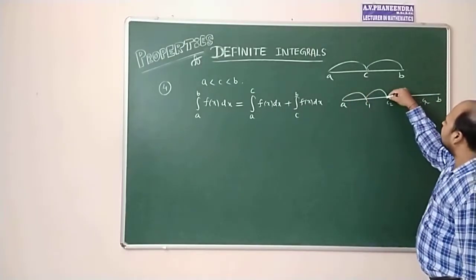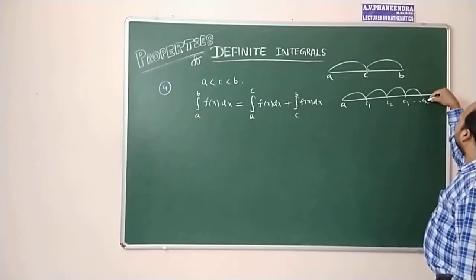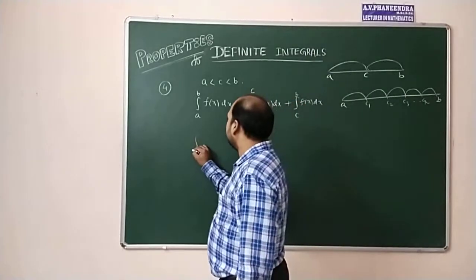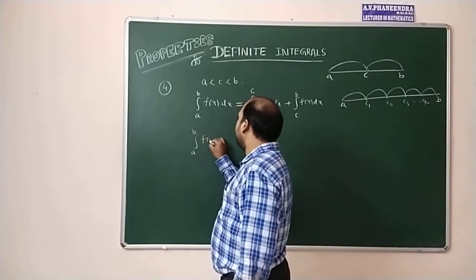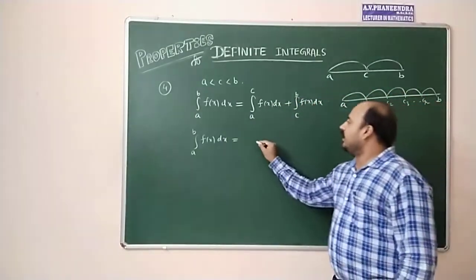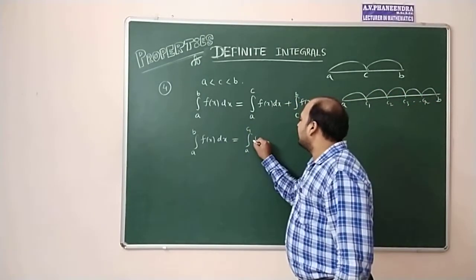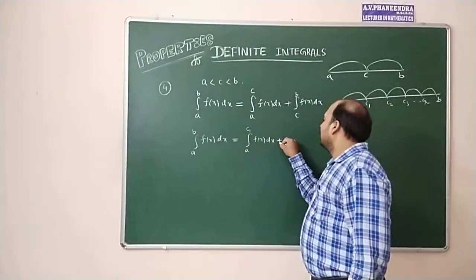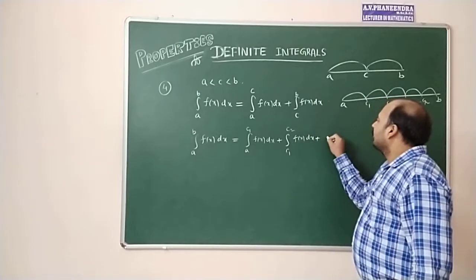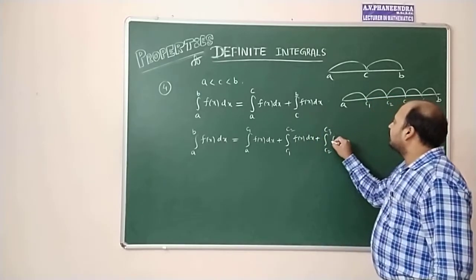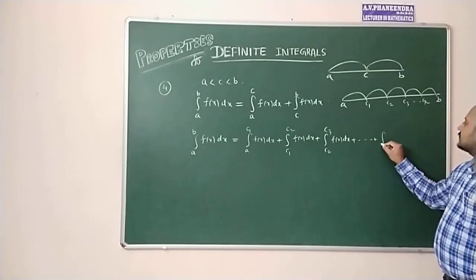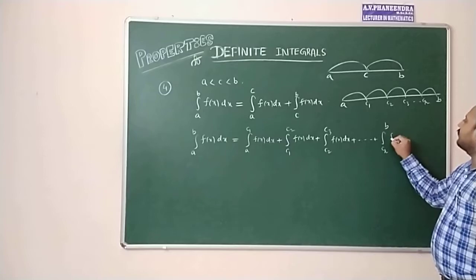A to C1, C1 to C2, C2 to C3 and so on, Cr to B. So we can also write integral A to B f of x dx as the sum of these integrals: integral A to C1 f of x dx plus integral C1 to C2 f of x dx plus integral C2 to C3 f of x dx plus and so on, integral Cr to B f of x dx.